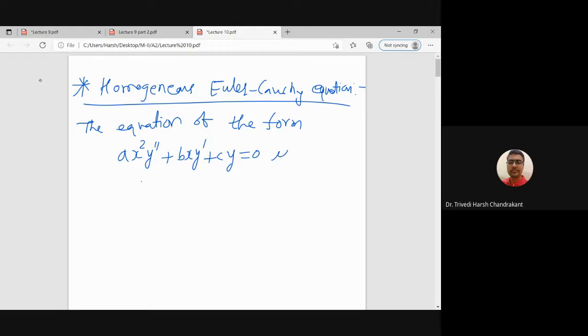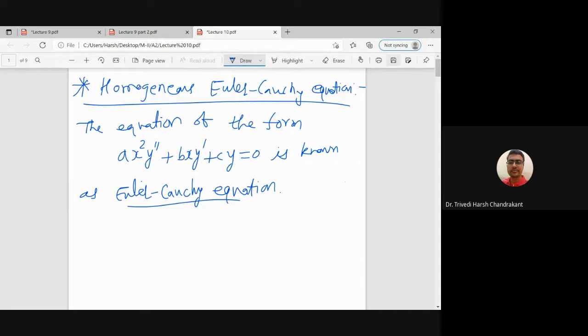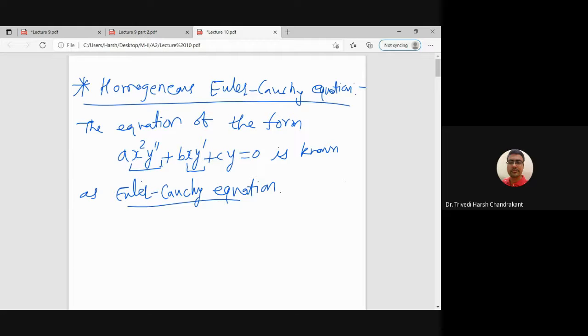Such an equation is known as the Euler-Cauchy equation. So here, the special thing is that the coefficient of y double dash is x square times a constant. The coefficient of y dash is x times a constant.